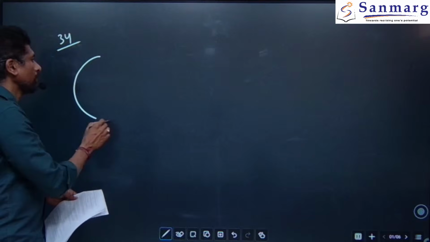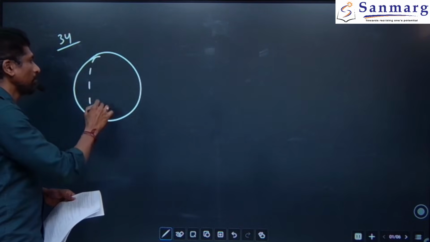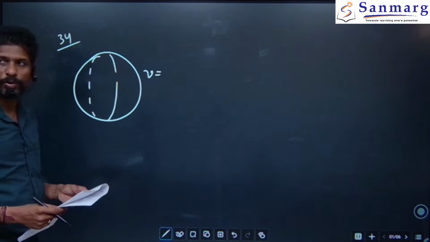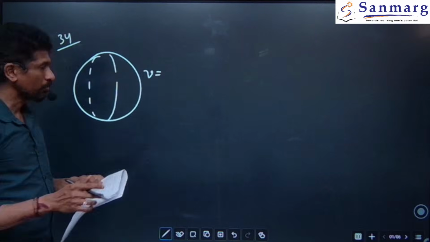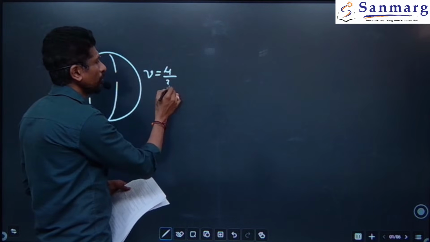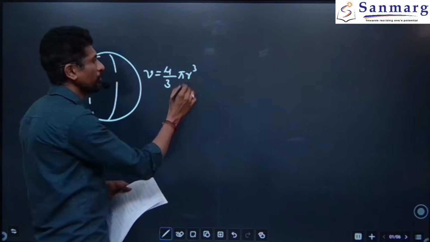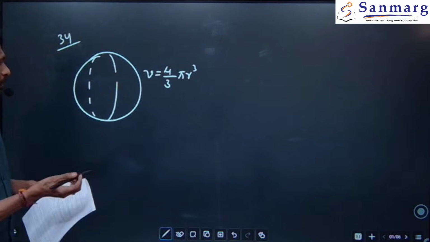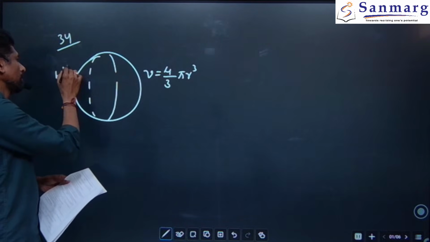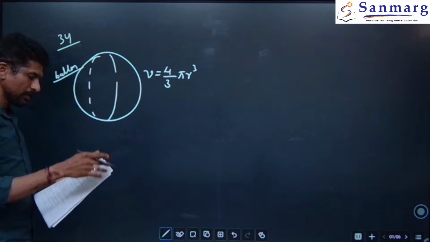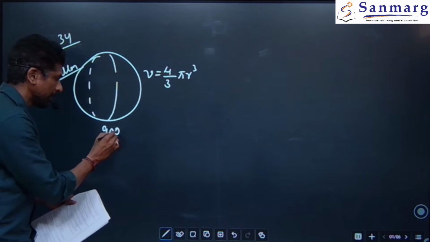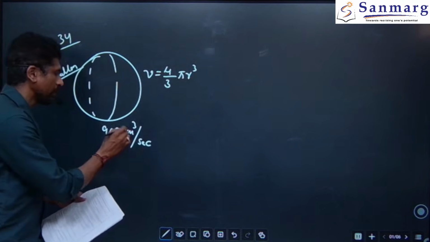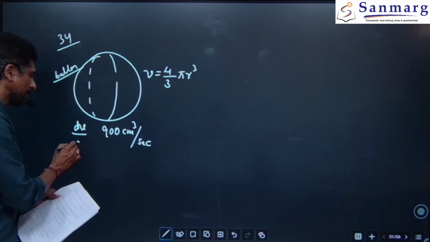Means they are given the spherical balloon now. The spherical balloon they are given, means you have to know the volume of the balloon. Our volume of sphere formula is 4 by 3 pi r cube. So here in the balloon they are pumping 900 centimeter cube of gas per second, means they are given already the dv by dt value.